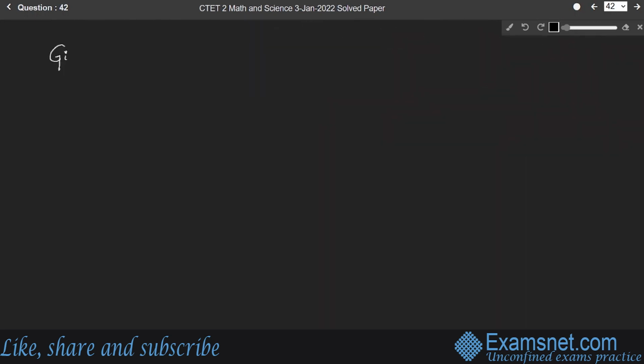Given, the length of the rectangle is equal to 150 centimeter, which is equal to 1.5 meter.